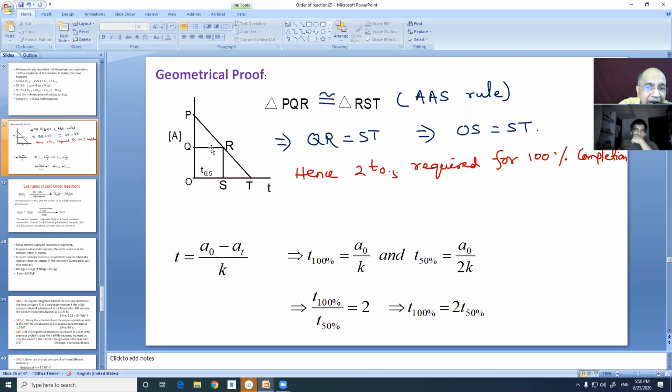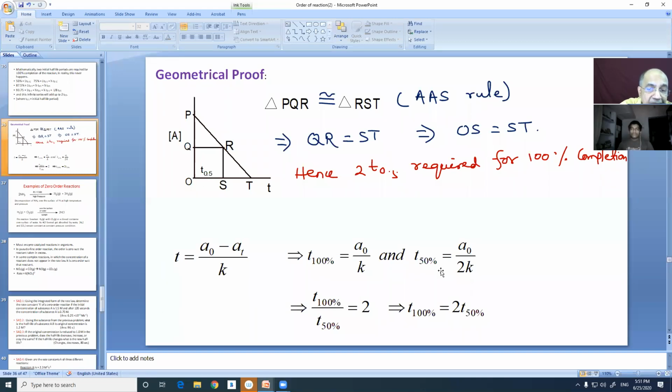This 90 degree, this 90 degree, and one side is same because this is half. One half is gone, another half is remaining. So this is same as this. So obviously the 2 triangles become congruent, and therefore QR is equal to ST. Since QR is equal to OS, OS is equal to ST. So only 2 half-life periods will be required for the completion.